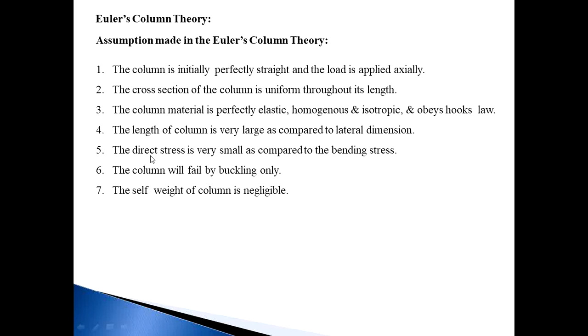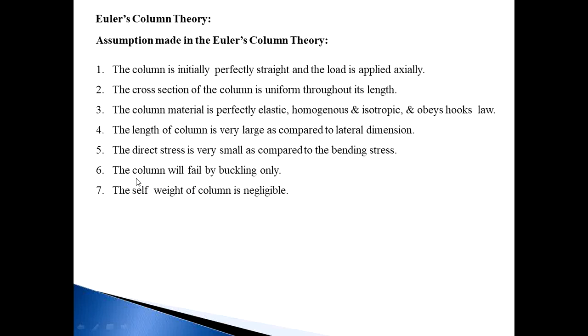Fifth, the direct stress is very small as compared to the bending stress. Due to its large length, the failure pattern will be buckling, so the direct stress induced in the section is less as compared to the bending stress. Sixth, the column will fail by buckling only.